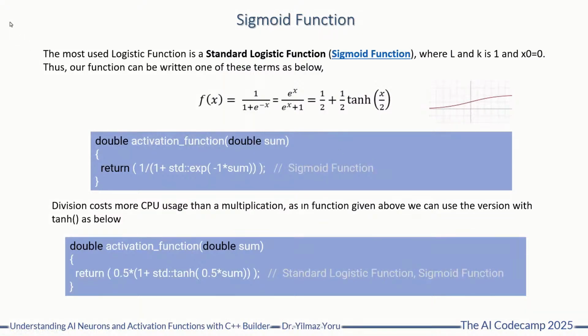One of the most popular logistic functions is the sigmoid function. It is a standard logistic function where L and K are 1 and x0 is 0. So we can write the sigmoid function as below, or we can use hyperbolic tangent as below in C++ examples.